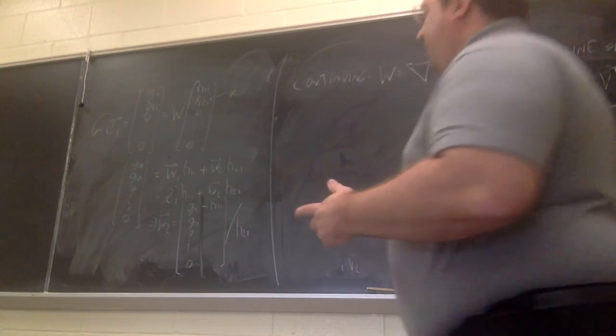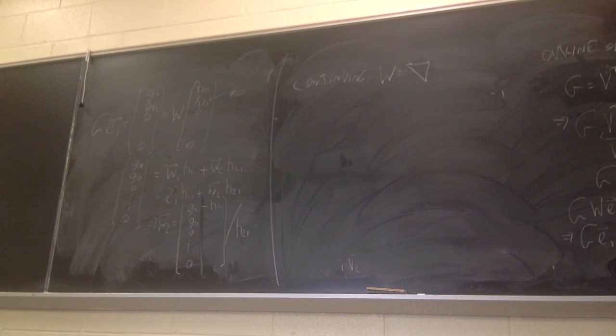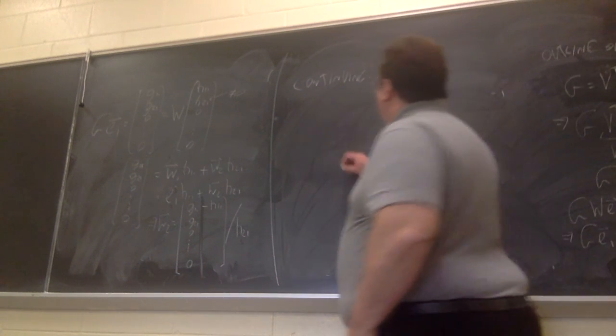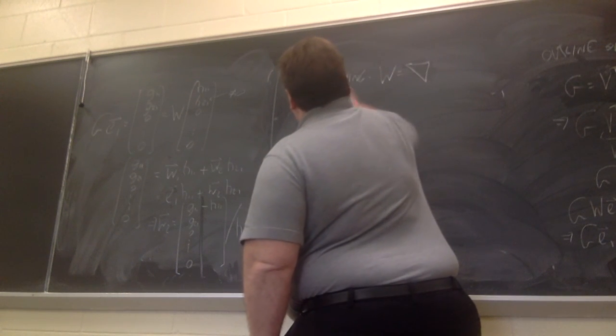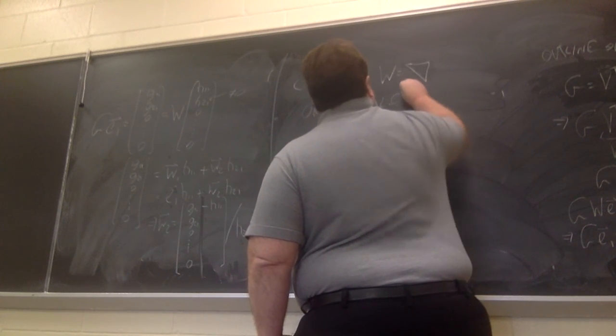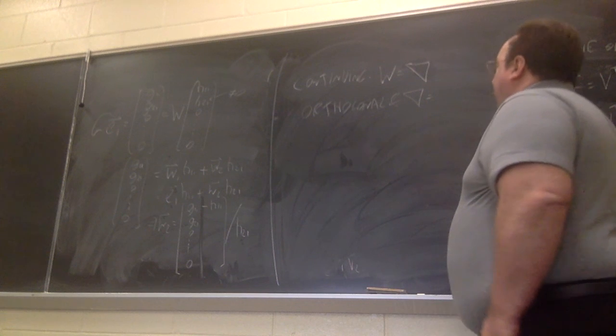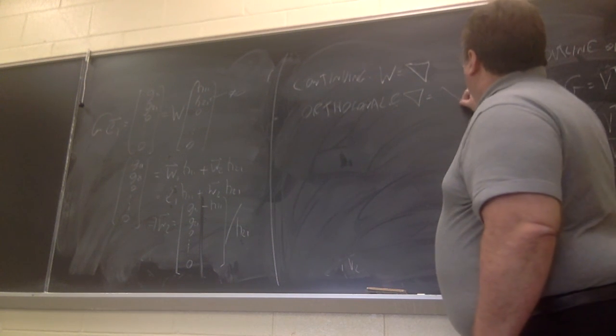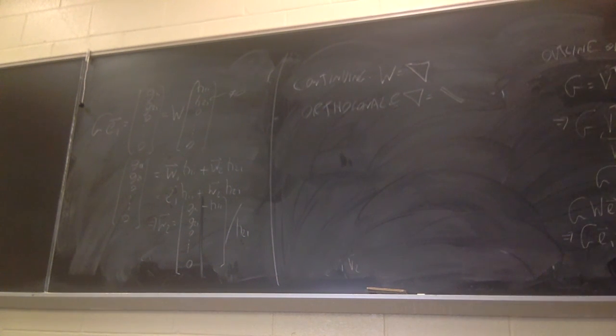Because notice the first column had only one non-zero entry. The second column had only two non-zero entries. If I continued, it would keep going like that. But a matrix that is orthogonal and upper triangular has to be a diagonal matrix.